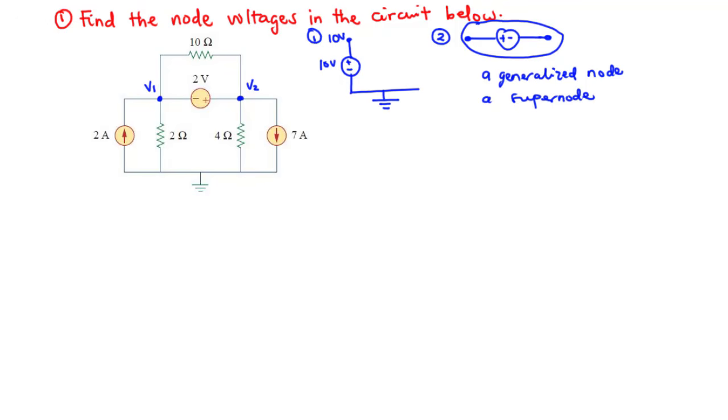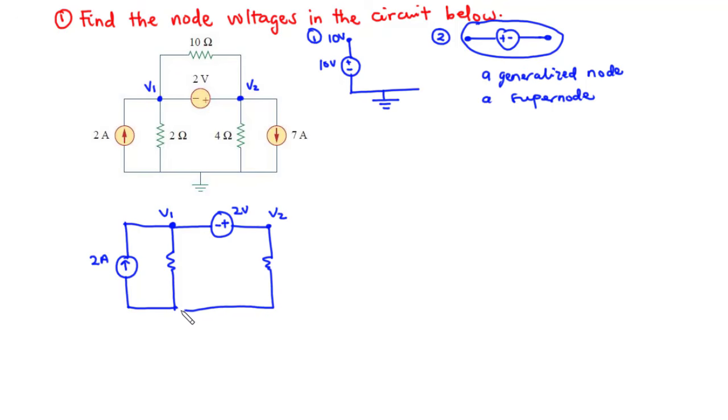So let's redraw the circuit. We are going to have something like this. We have 2 amperes, we have V1, 2 ohms, 2 volts, V2, 4 ohms, and then lastly, we have the current source, that is 7 amperes.